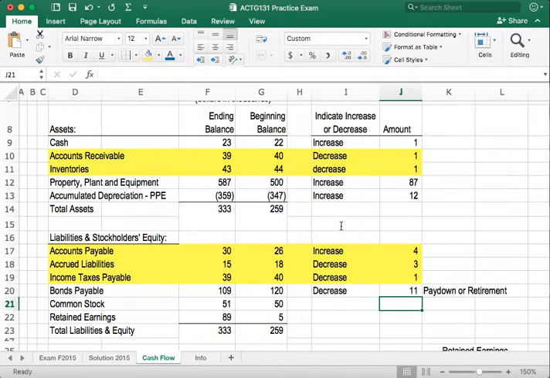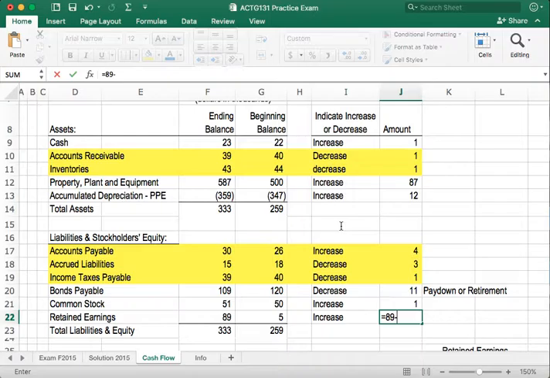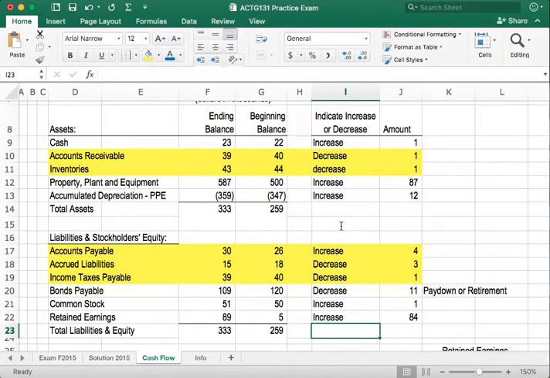So that's a decrease of 11,000. Common stock moving from 50 to 51 is an increase of 1,000, and retained earnings is moving from 5 to 89. That's an increase, and again I'm going to use just the numbers in the equation. That's an increase of 84.